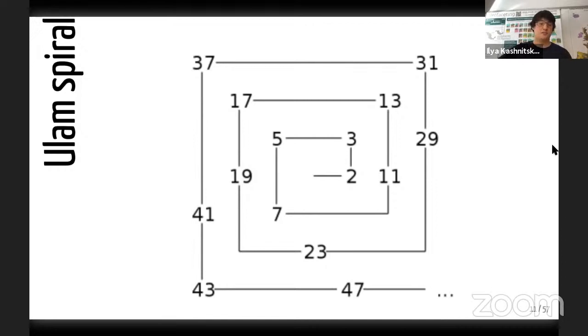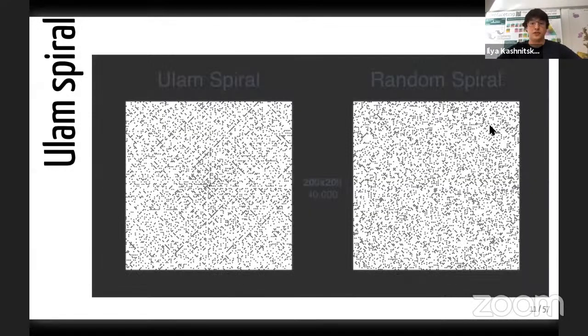So these discoveries in this field of research are very important and applicable, and it all started with just visual exploration. So here is a comparison of the Ulam spiral versus a completely random spiral, and you see there are many more regularities in prime numbers that don't exist in a random sample.